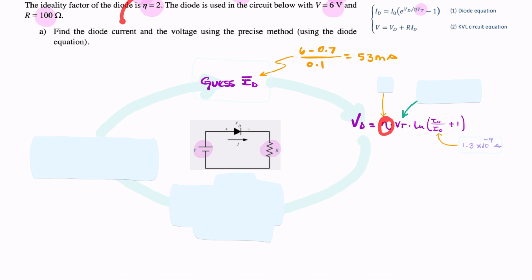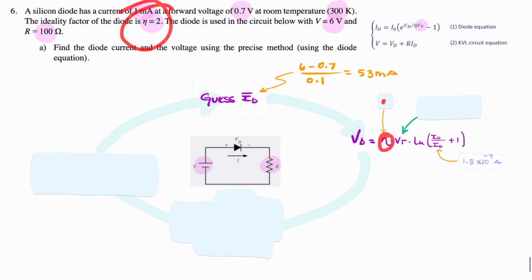Eta is given in the question, the ideality factor of 2. VT is the 26 millivolts, or 0.02588.